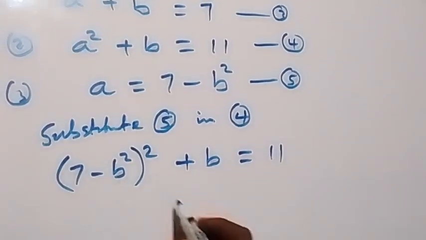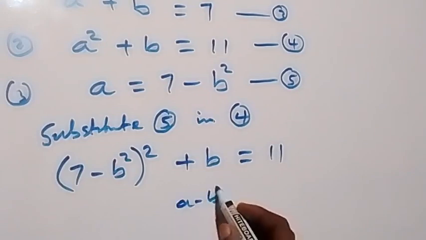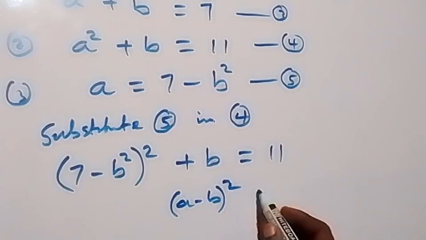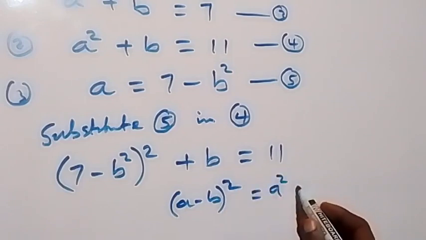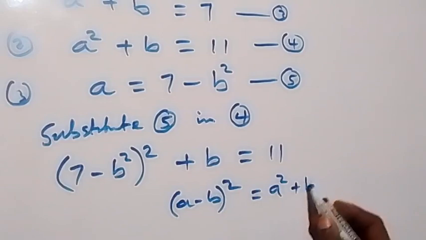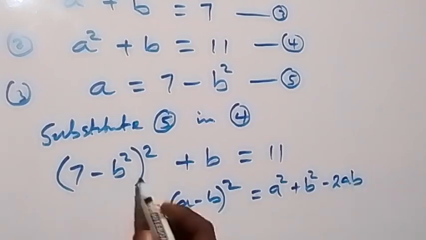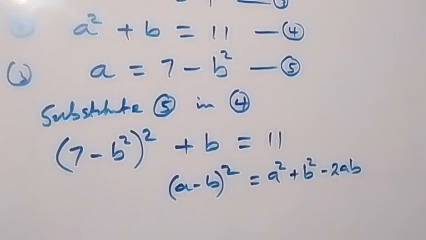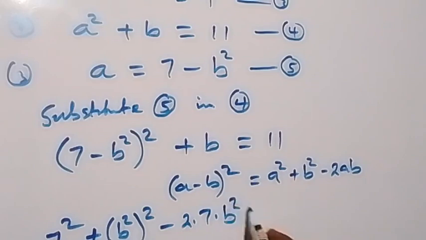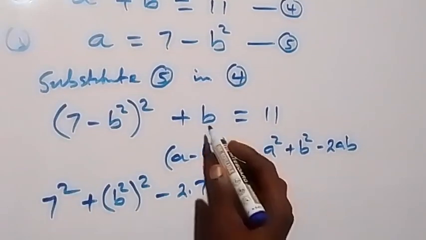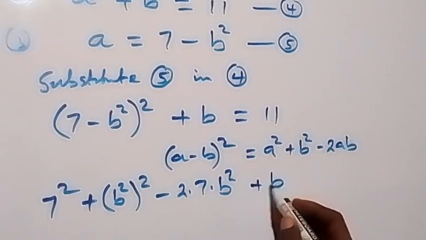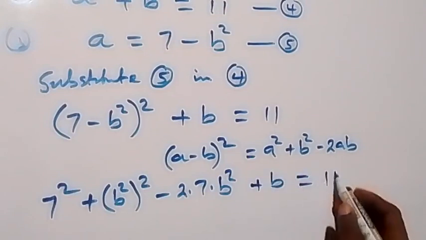Then we can expand this following a minus b all square, which gives us a square plus b square minus 2ab. So this gives us 7 square plus b square minus 2 times 7 times b square. Then we have plus b equals 11.